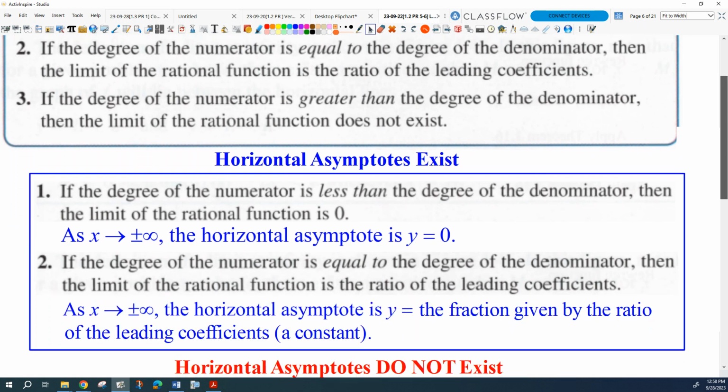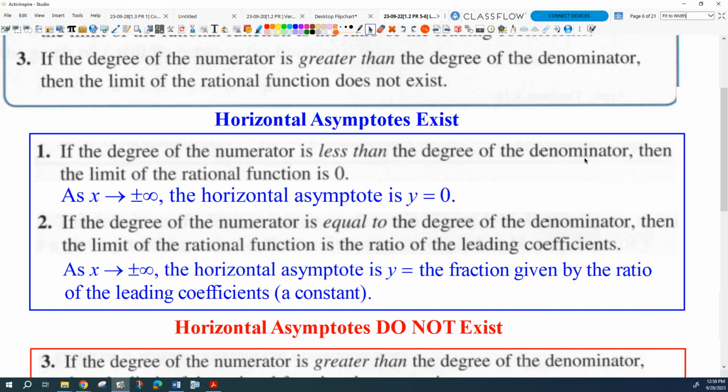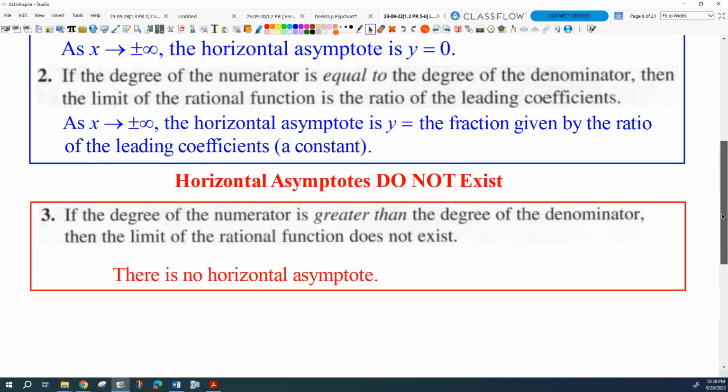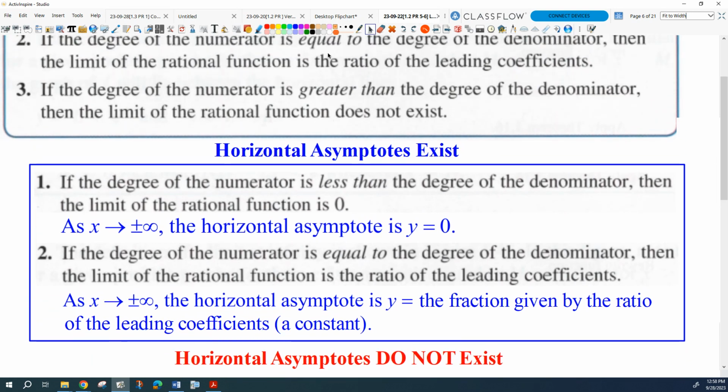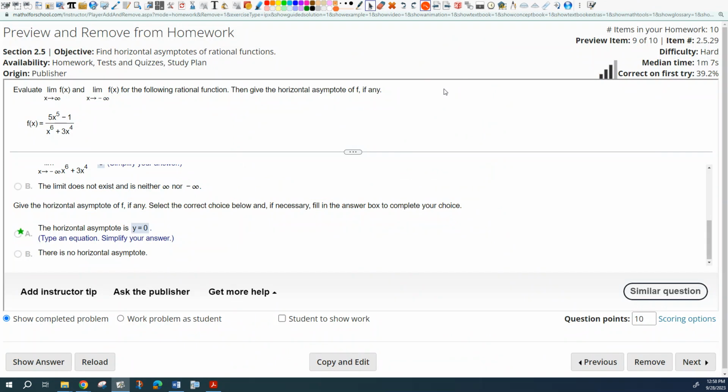If the degree of the numerator is less than the degree of the denominator, you automatically know that the limit's going to equal 0, so you have a horizontal asymptote at y equals 0. If the degrees of the polynomials in the top and bottom are equal, then we take the ratio of the leading coefficients, and we also get a horizontal asymptote. If the top is a larger degree than the bottom, then there is no horizontal asymptote.